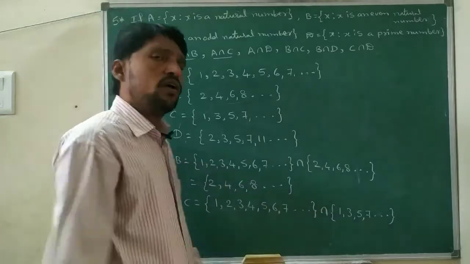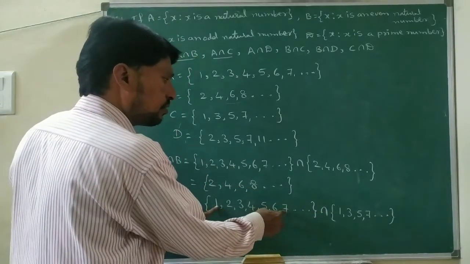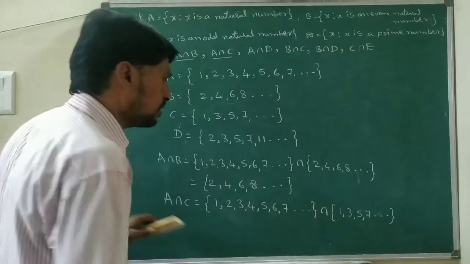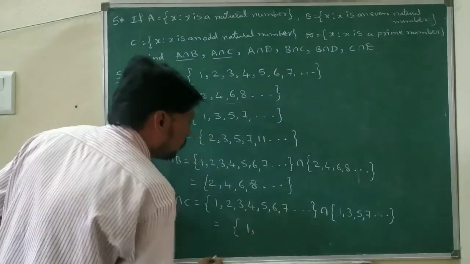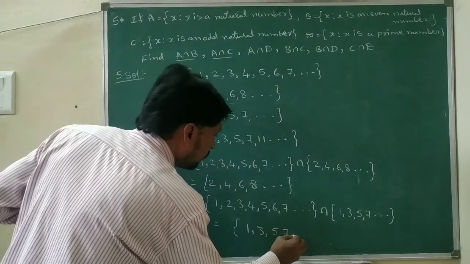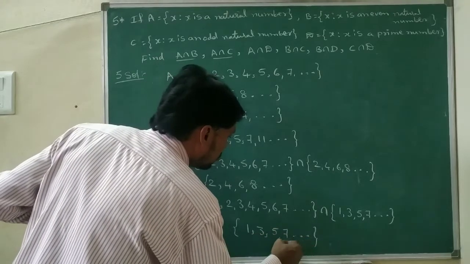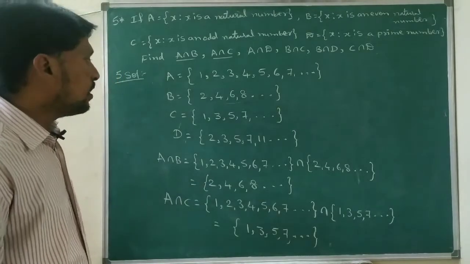So in both sets, what are the common elements? Here 1, 3, 5, 7, and so on, the remaining also we are getting. So we need to write those common elements: 1, 3, 5, 7, and so on. This is A intersection C.